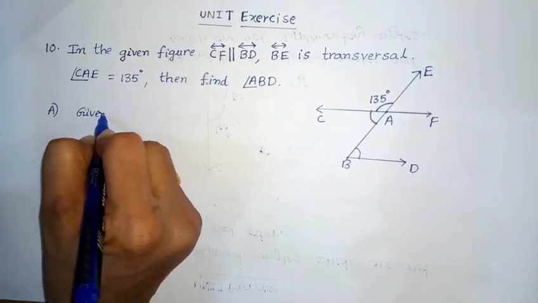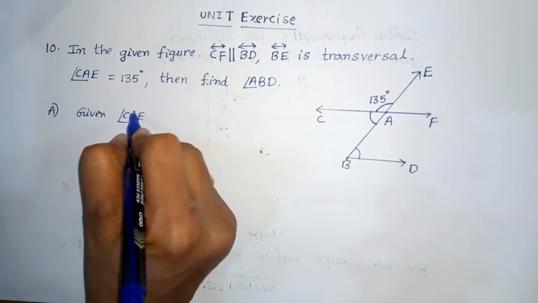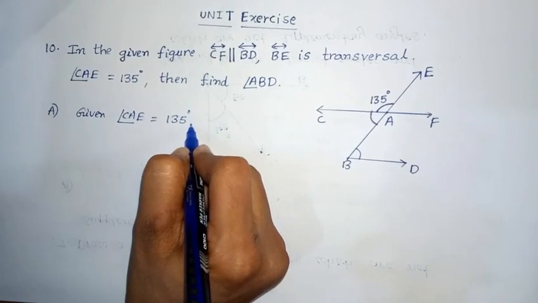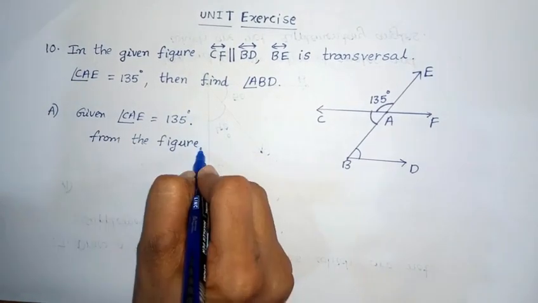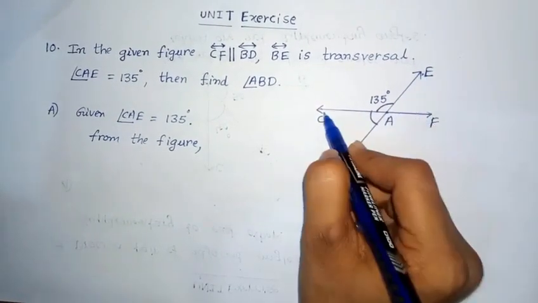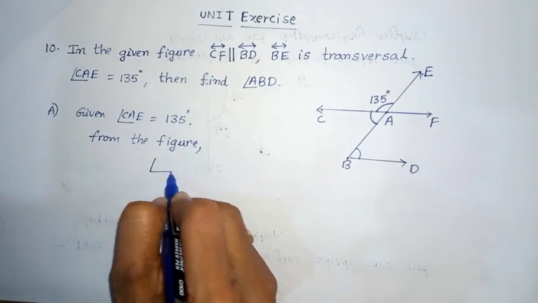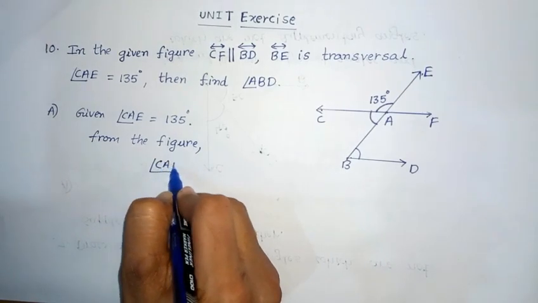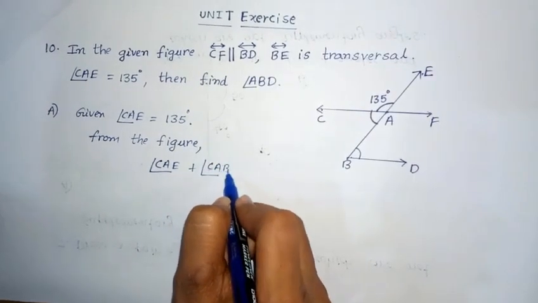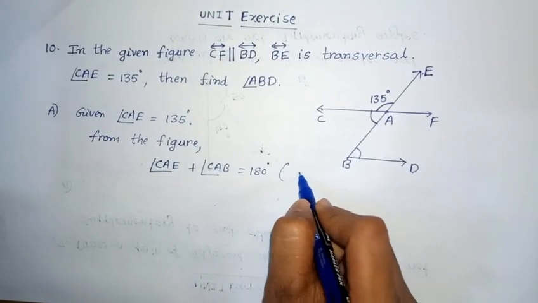Given: angle CAE is equal to 135 degrees. From the figure, the angle CAE plus the angle CAB is equal to 180 degrees because of the straight angle.